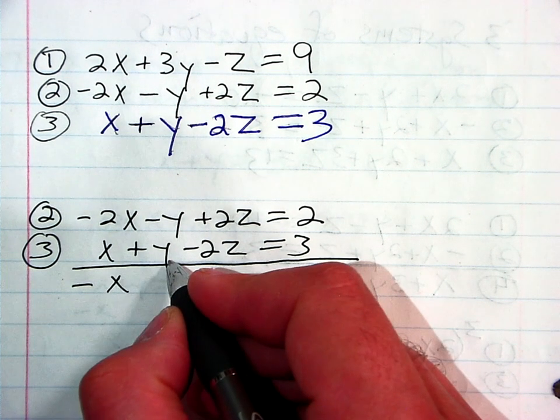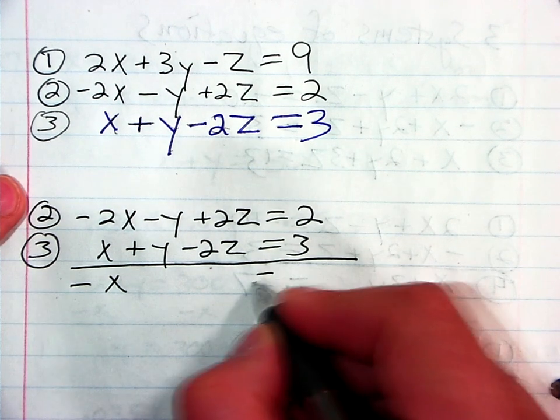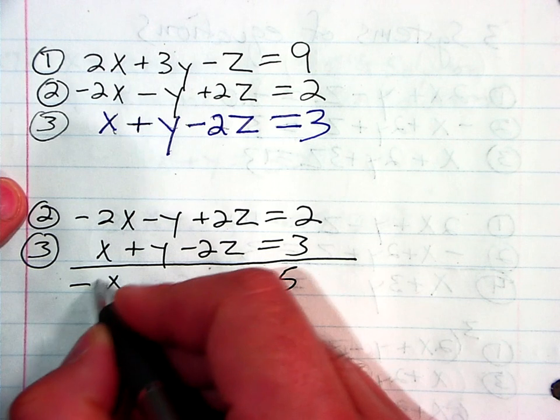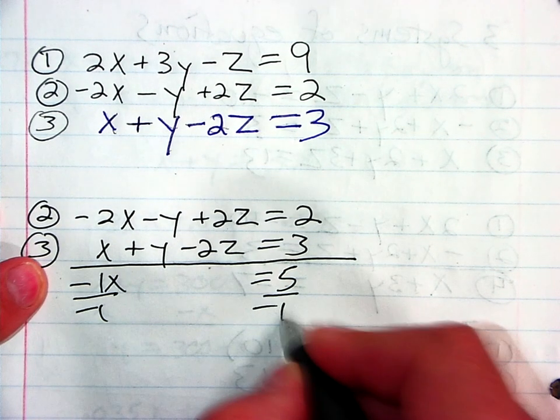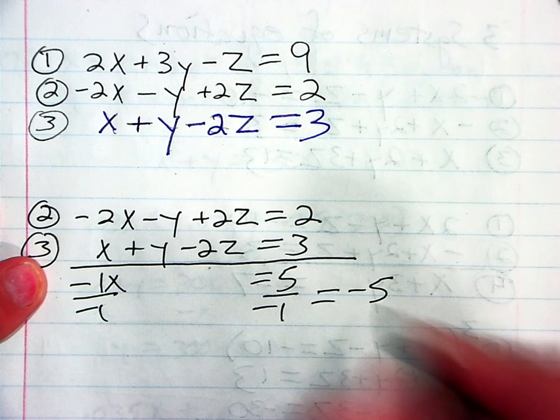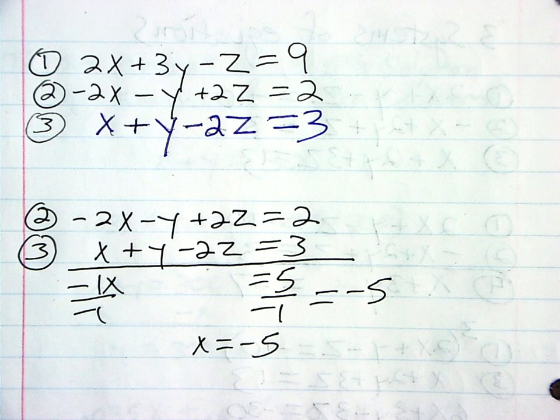Negative y plus y is 0. 2z minus 2z is 0. 2 plus 3 is 5. There's a 1 there, even though we don't see it. Divide by negative 1, divide by negative 1, and we get negative 5. So x equals negative 5.